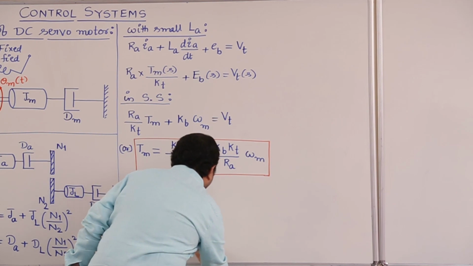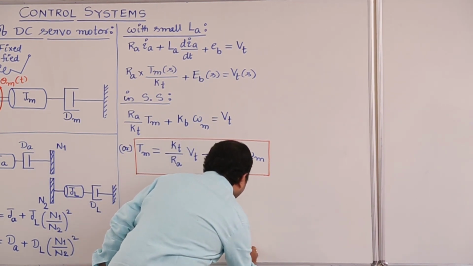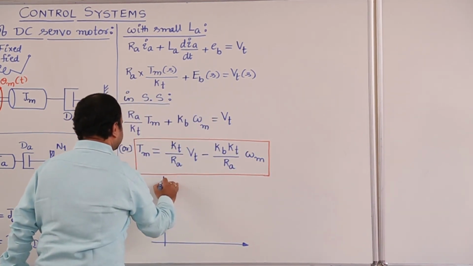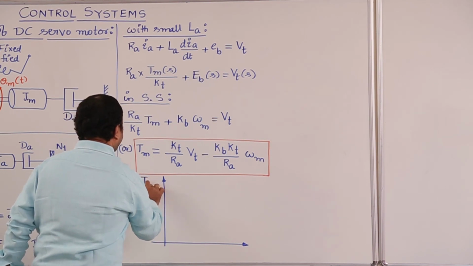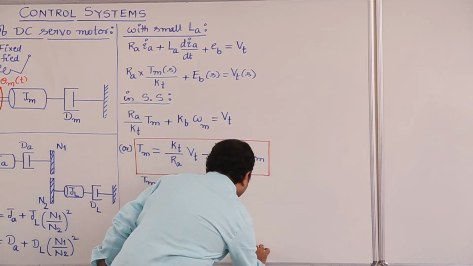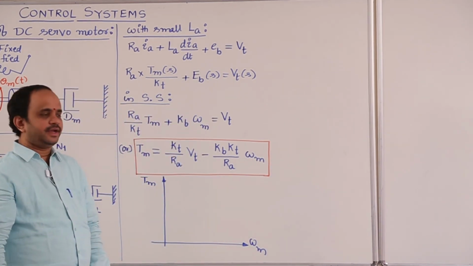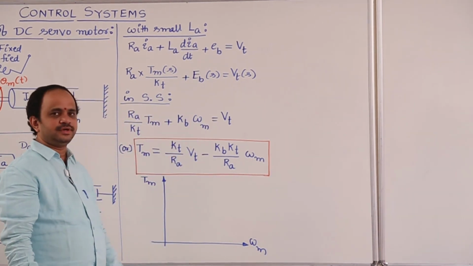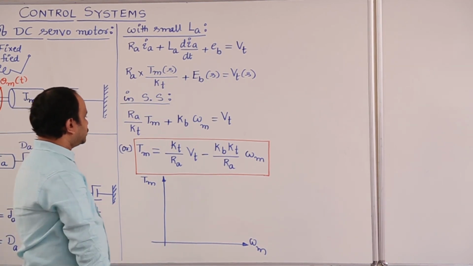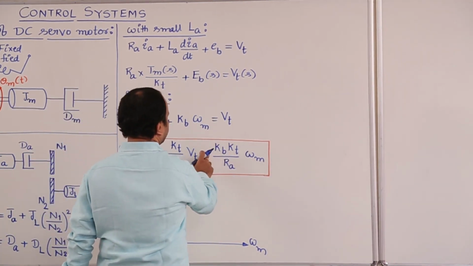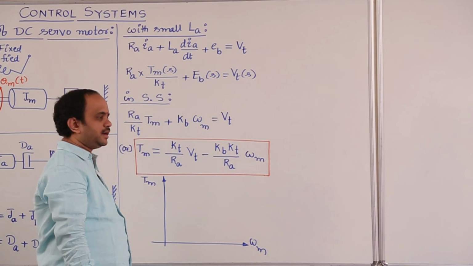So by using this equation, we can draw the torque speed characteristics. We will get a straight line with a negative slope. Here the slope is Kb Kt divided by Ra.